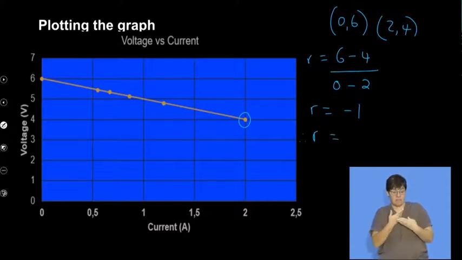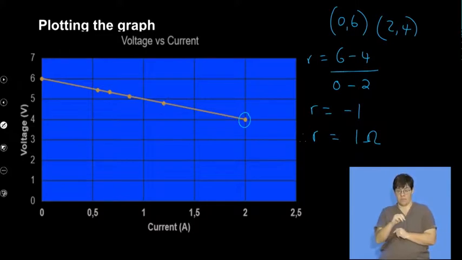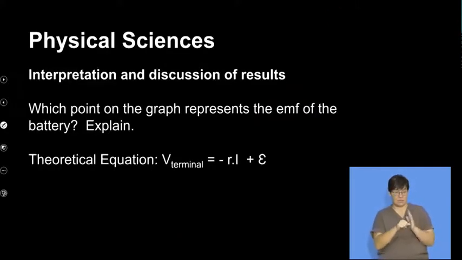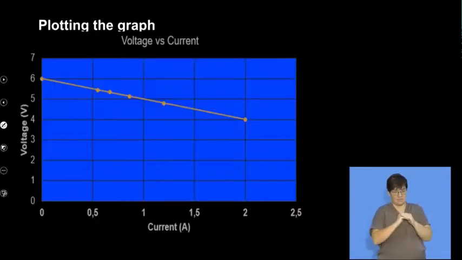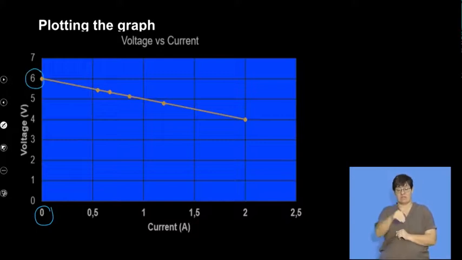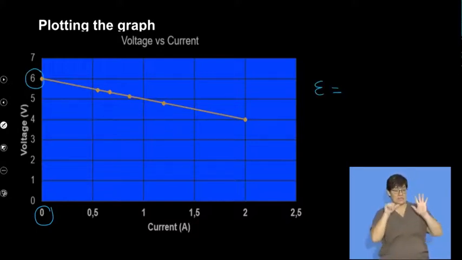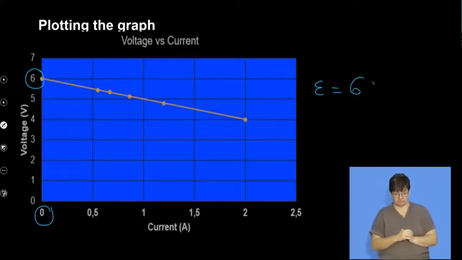So the internal resistance of this battery is equal to 1 ohm. That's the very important part. The EMF on the graph is the maximum: when there is zero current, V external is equal to the EMF. So our value of EMF is equal to 6 volts.